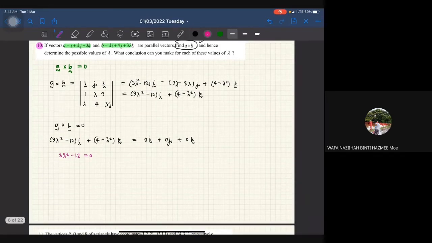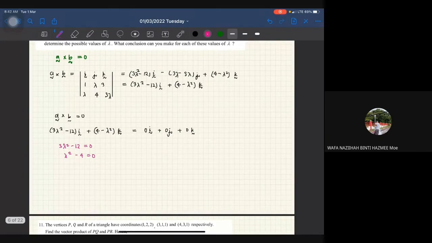So let's simplify first the quadratic equation that we have over here. So kita ada 3 dekat depan lambda square and 12 pun dia ada faktor 3 in that. Okay, so you need to divide everything with 3. So you will get lambda square minus 4 equal to 0. Like that.